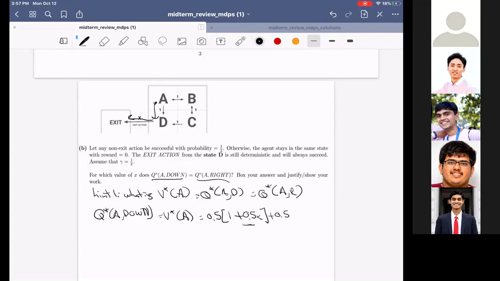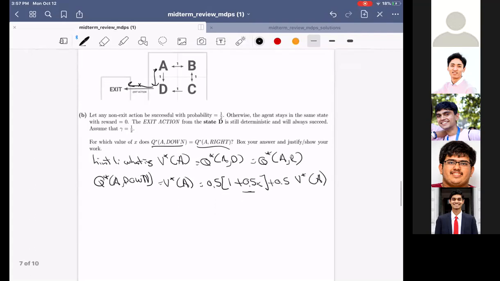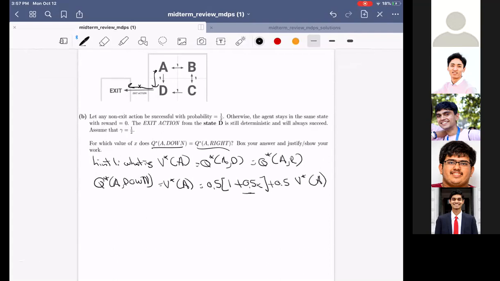So we can just say 0.5 times the value of staying in A. Sorry, I think 0.5 times a reward of 0 for your action failing plus a discount times the value of staying in A. Be careful with the discount. I always forget it. So then we can rearrange this and write 0.75 times V star of A is equal to 0.5 plus 0.25x. I think that looks right.